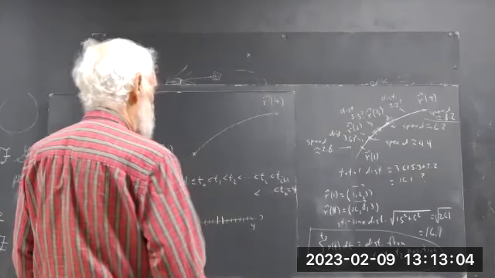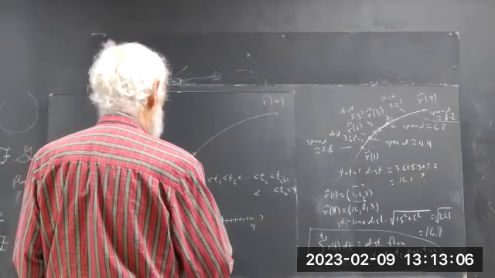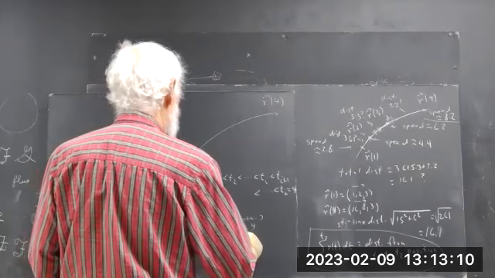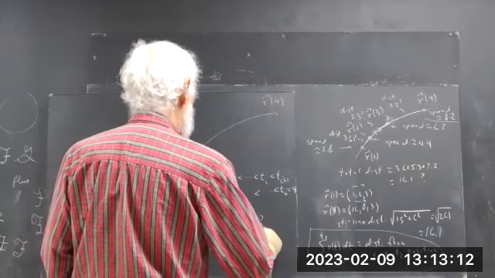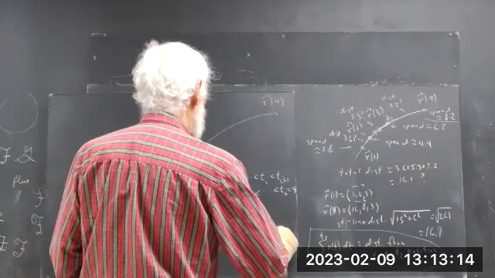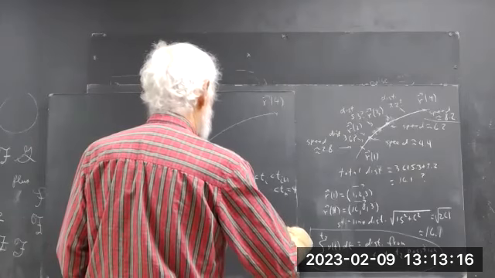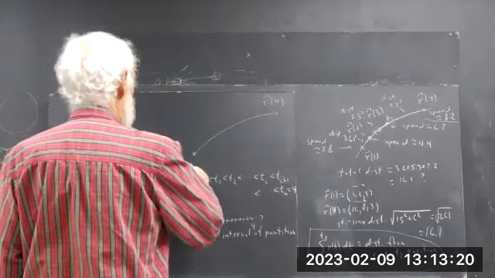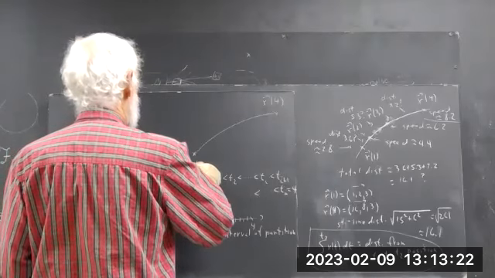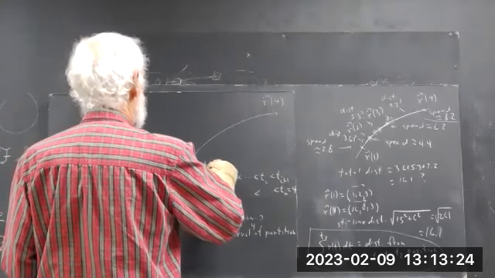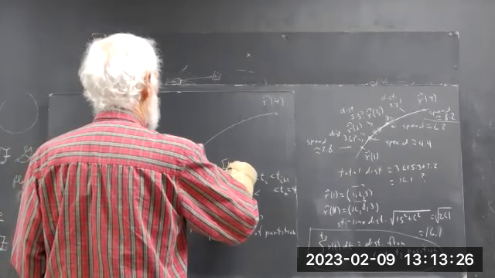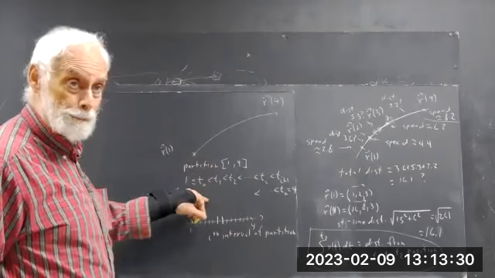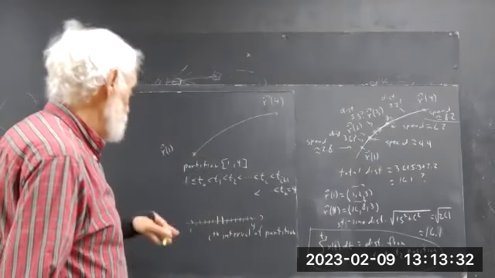And here is the ith interval of our partition. Partitioning the t interval from 1 to 4 looks like this.